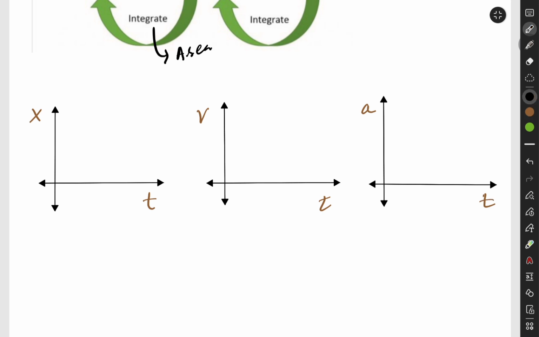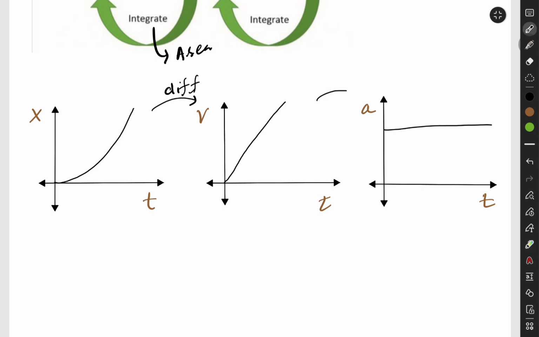So let's say our displacement time graph looks like this. Our velocity time graph will be this, and our acceleration time graph will be a horizontal line. If I differentiate the equation of the displacement time graph, I'm going to end up with this graph right over here.